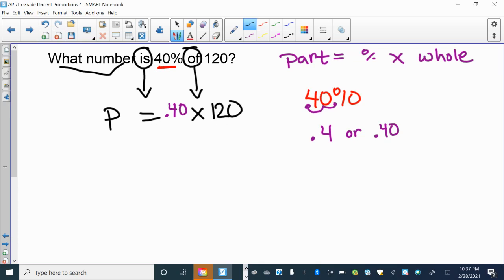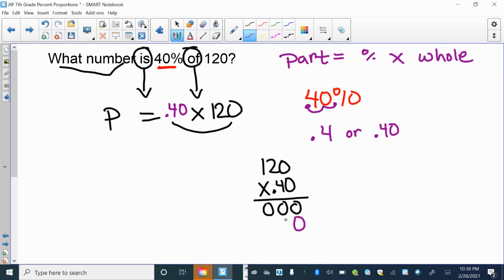So I'm going to go ahead and solve this, and simply all I have to do is multiply these two numbers. So I have 120 times 40 hundredths, and anything multiplied by 0 will give me 0. So I have 3 numbers here, so it's going to be 0, 2 times 0 is 0, and 1 times 0 is 0. I'm going to put a placeholder here because now I'm going to start multiplying in my tens place.